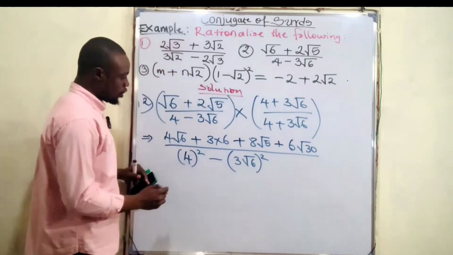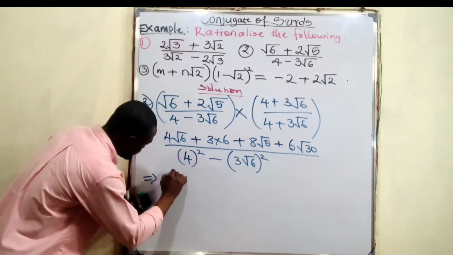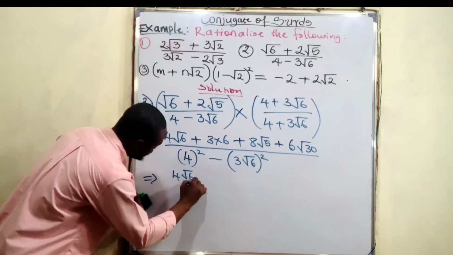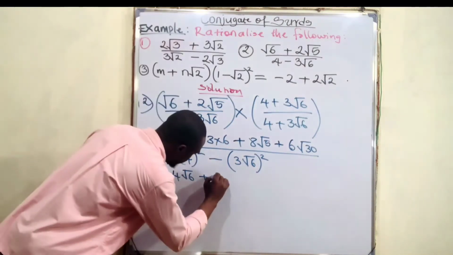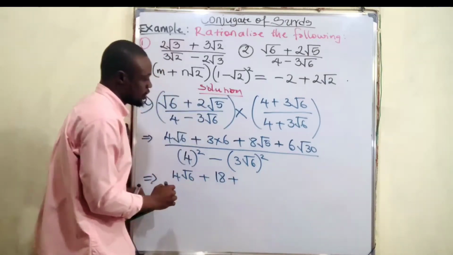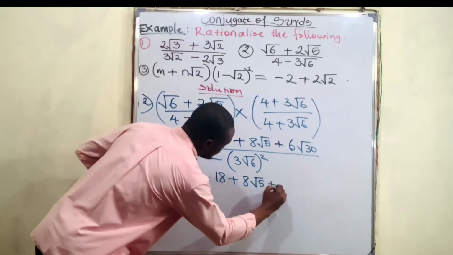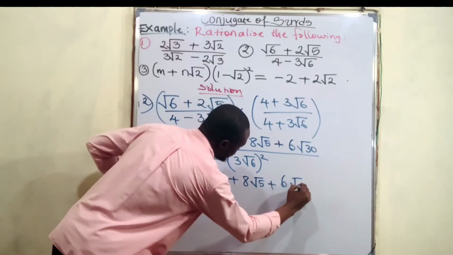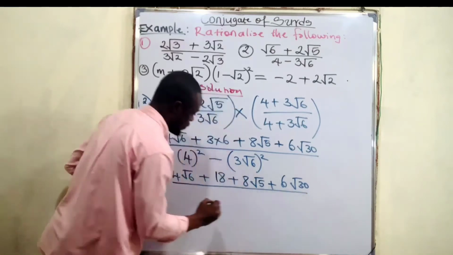Okay, so 4 root 6 plus 3 times 6 is what? 18 plus. So this is what? 8 root 5 plus 6 root 30. I'll draw my line.